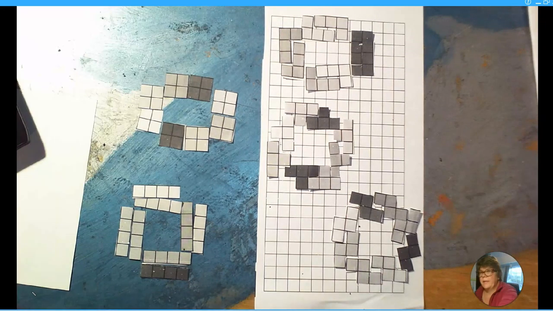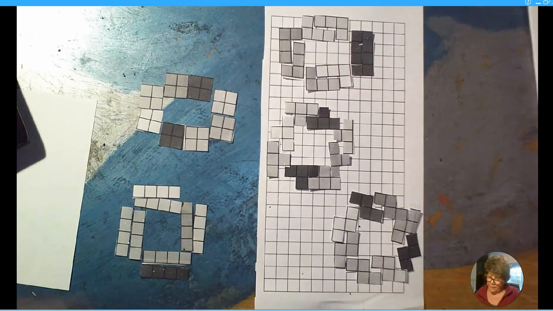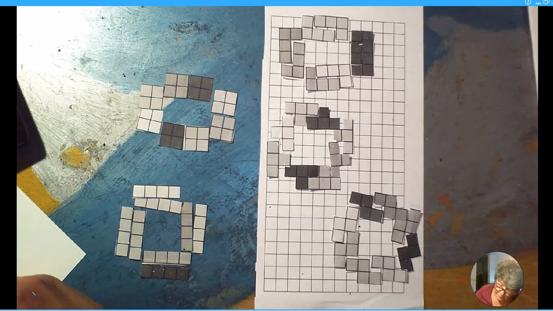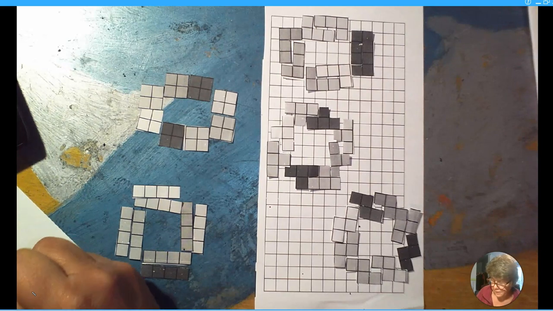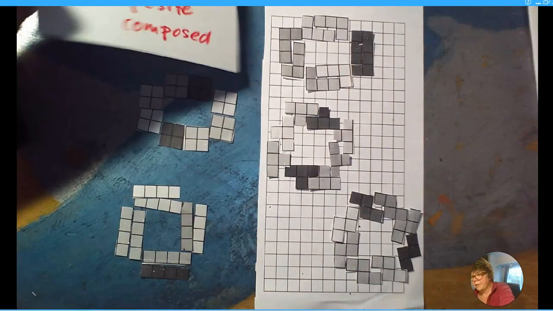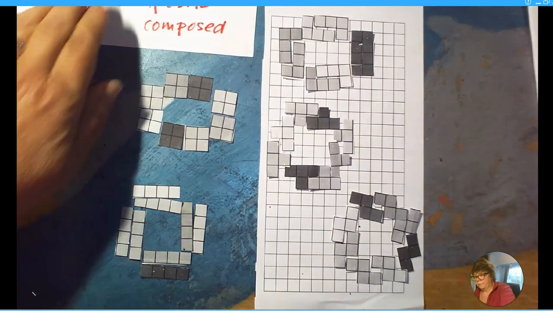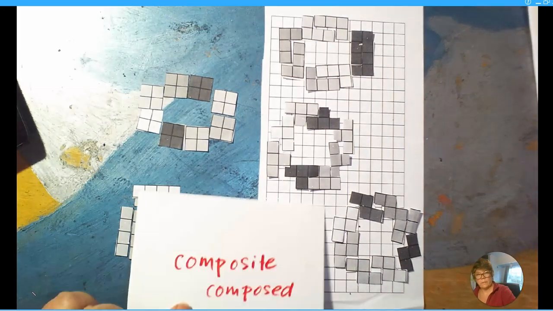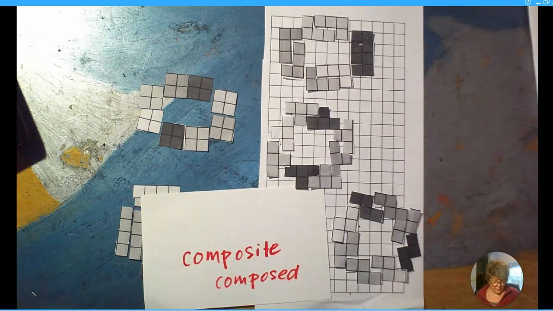Let's just write down that word so that we can think about composite, composed. Sorry, can't see that. I'll put it right here. Composed of different shapes. So it's a composite figure. They all are made up of 4 squares.